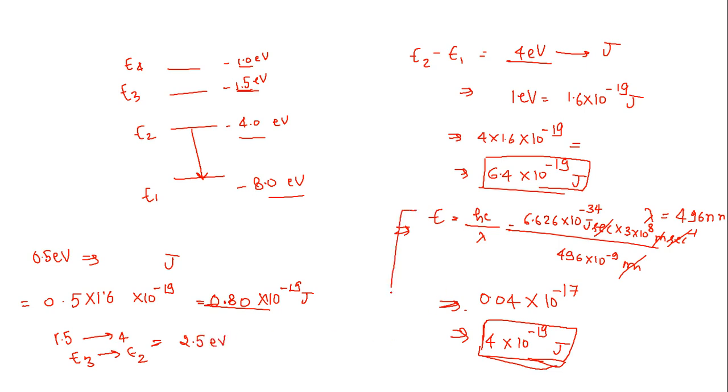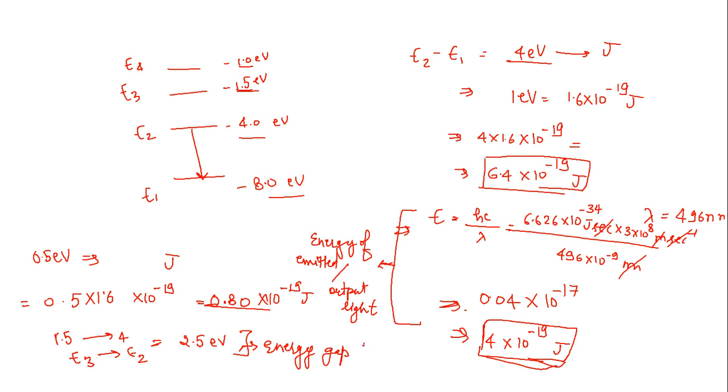So this particular thing that I have calculated is the energy of the emitted or output light, and it should match the energy gap between two levels. That is why we are doing this calculation.